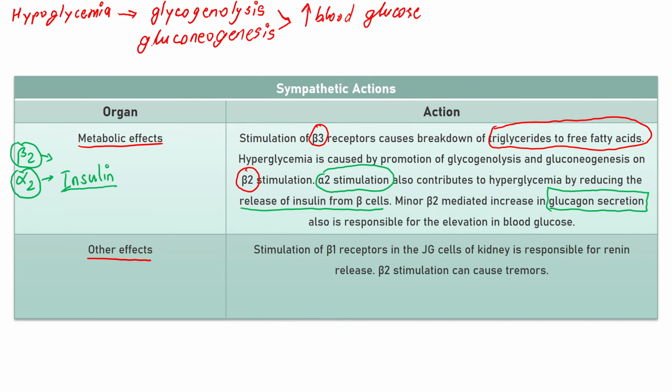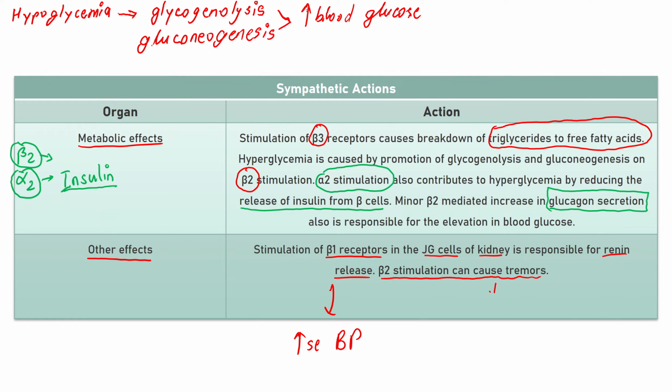Now for the other effects, we know the beta 1 receptor on the JG cells, the juxtaglomerular cells of the kidney, is responsible for renin release, responsible for increased blood pressure. And beta 2 stimulation can cause tremors.